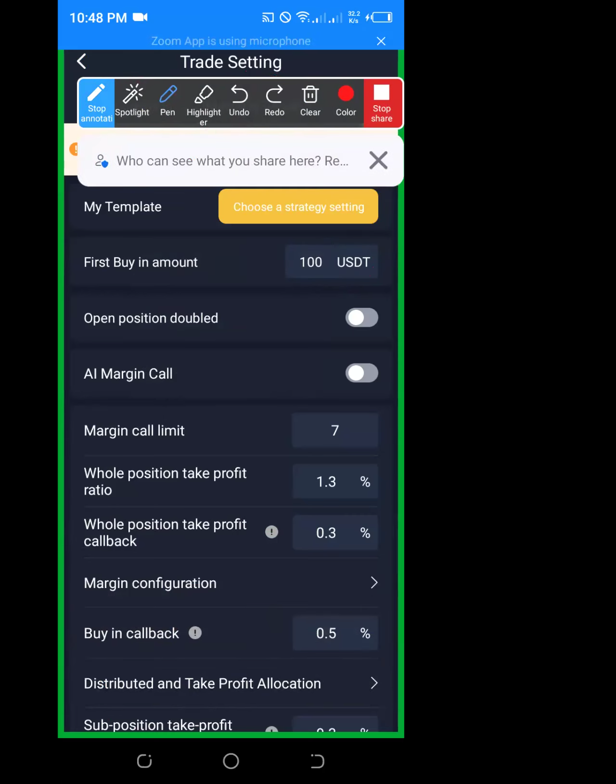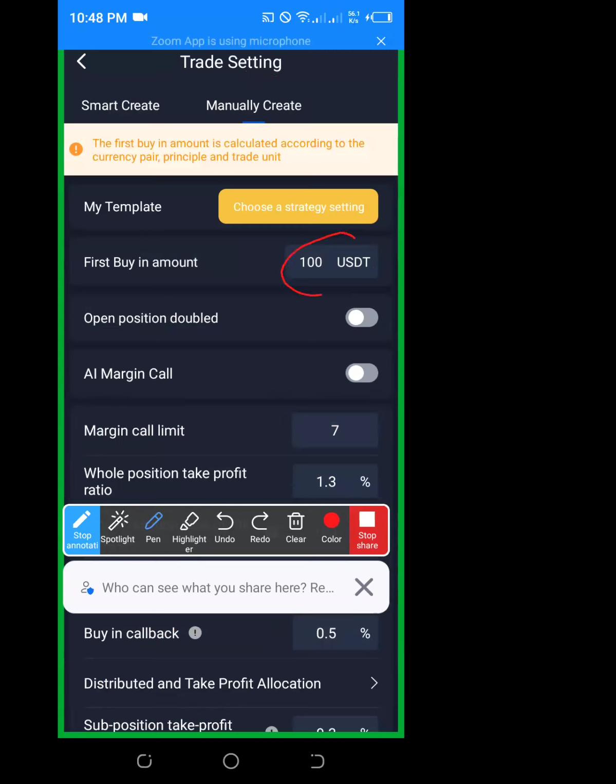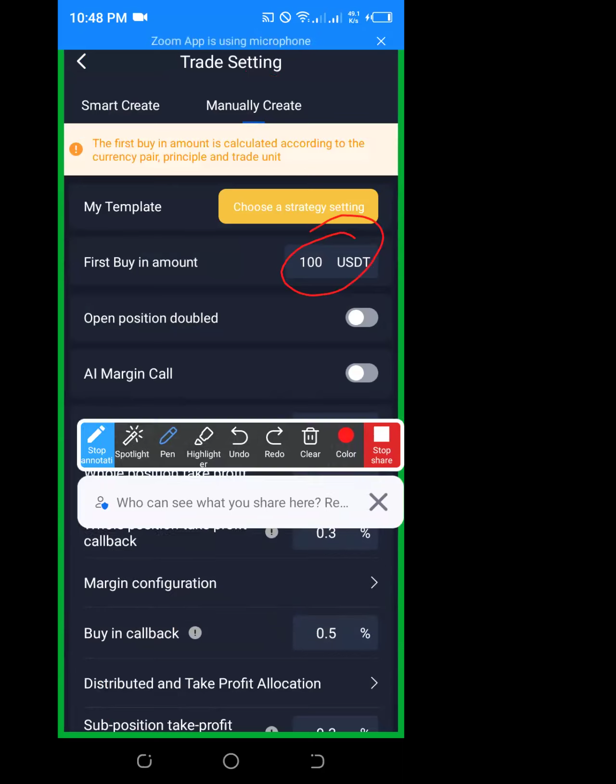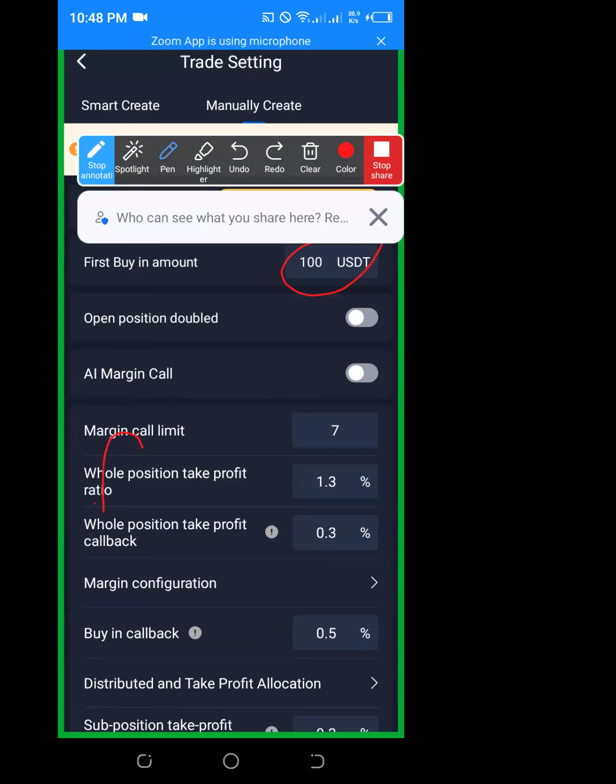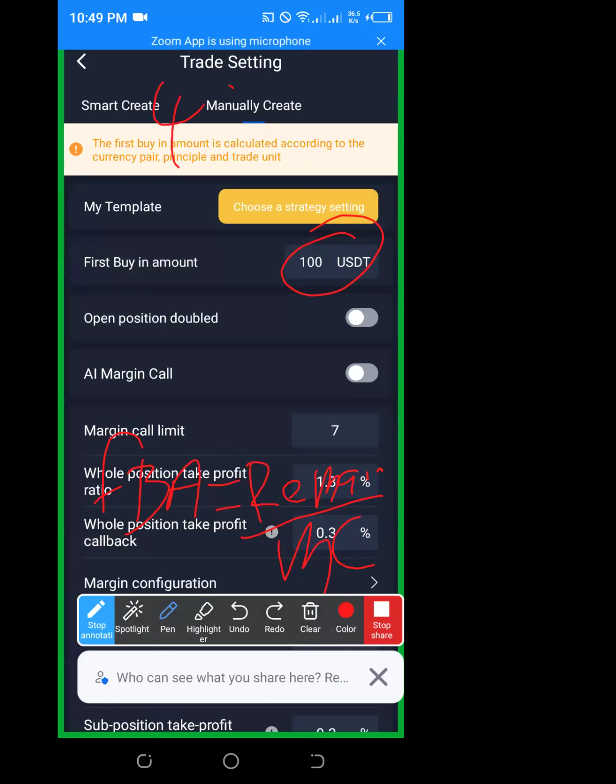Now, you are going to come up with the second first buying amount. That second first buying amount is what the robot is going to use to buy the dip when the market continues to go down. This is the formula. First buying amount equals the remaining capital divided by the margin calls, according to your capital of $400.